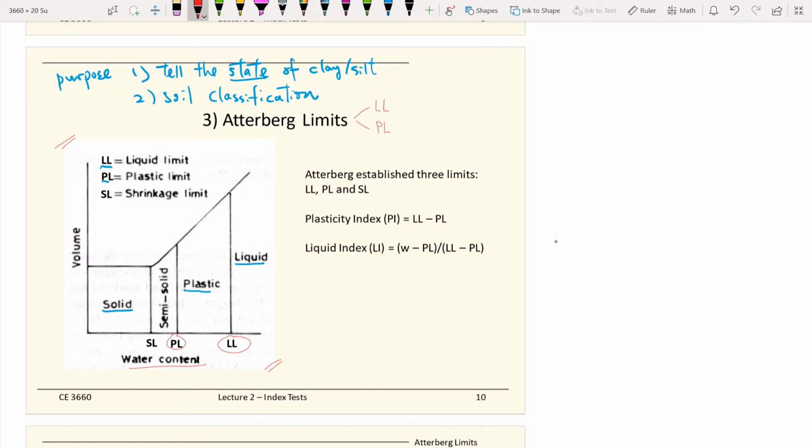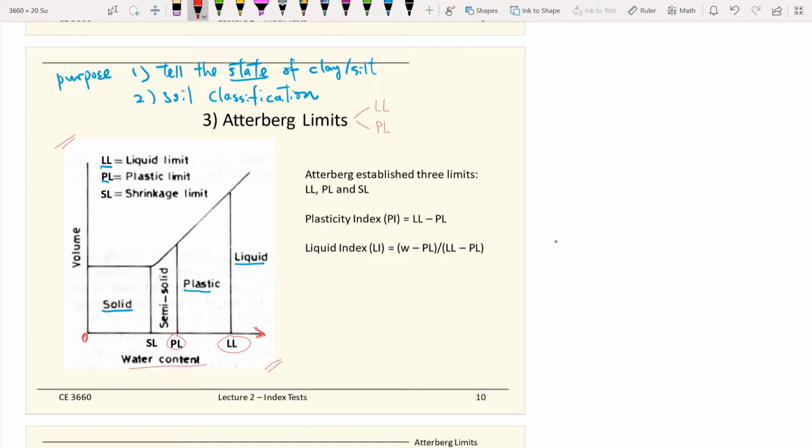If you put it in the oven and make it completely dry, which means there's no water at all within the soils, then the whole thing behaves like a solid. So the water content equals 0. The x-axis on this graph is the water content. If you get rid of all the water, it behaves like a solid. It could be like a powder, or it could be completely dry.